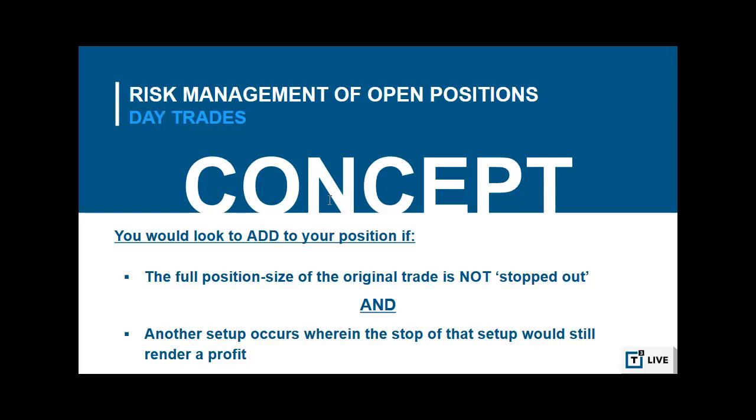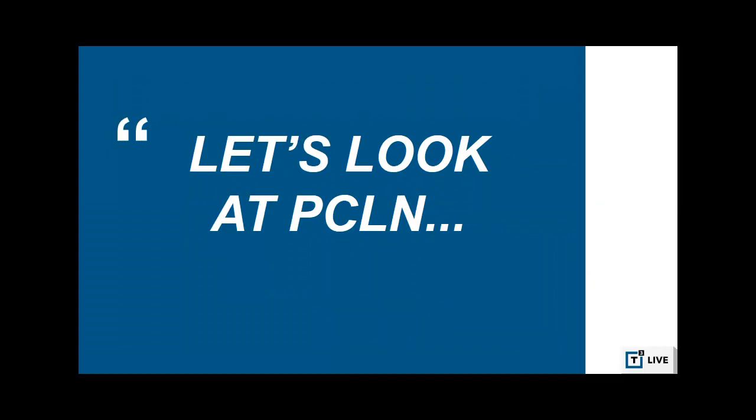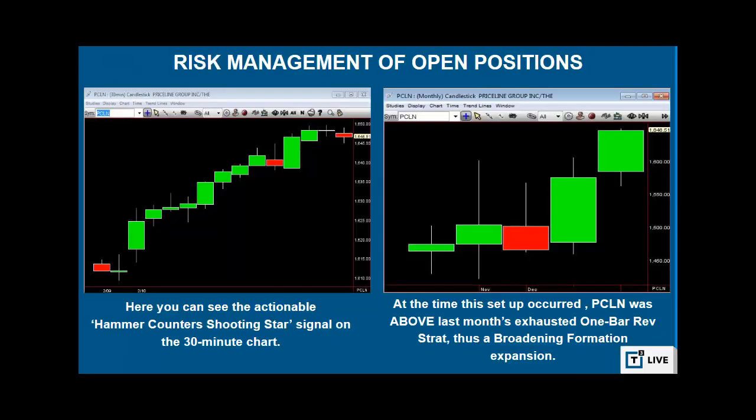So let's take a look at Priceline. What we've got here is a 30-minute chart. And when I talked about the hammer counter shooting star here, that setup triggered right here.